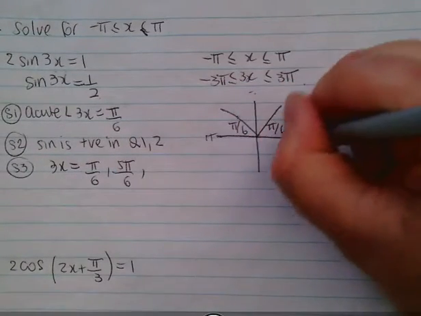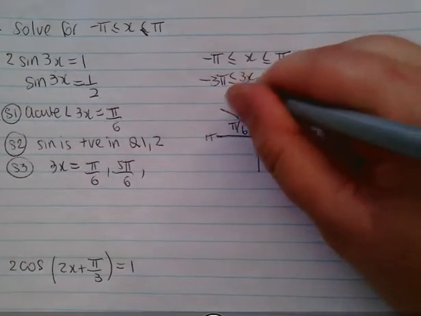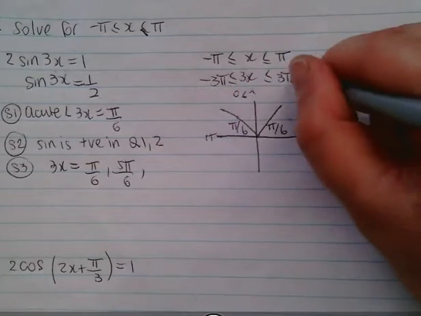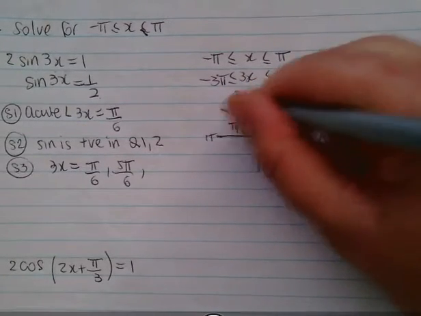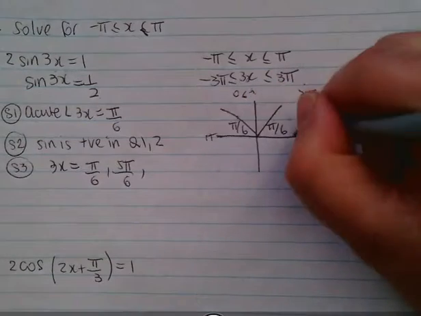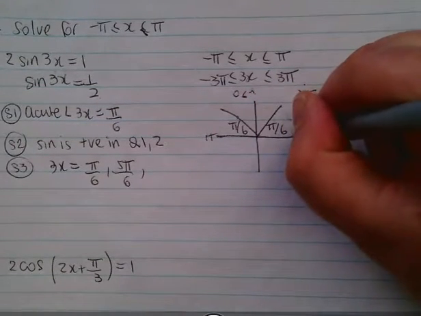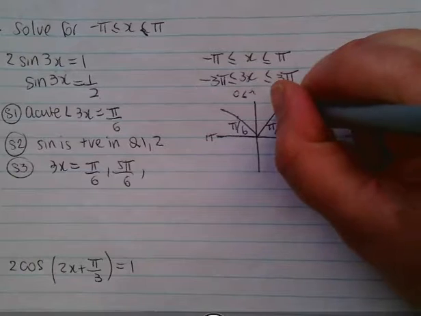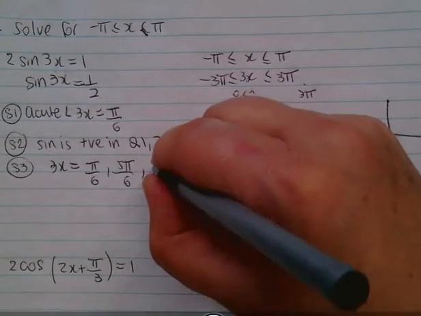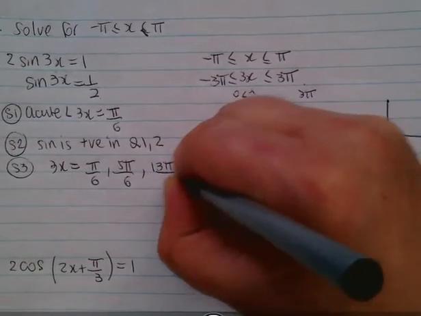So I go once around the circle, but I have to go from 0 to 3 pi. So I have to go around once plus another half time round. So I've gone around once and I've got 2 pi, so this will be 2 pi plus pi on 6, so that's 2 1/6, which is 13 pi on 6.